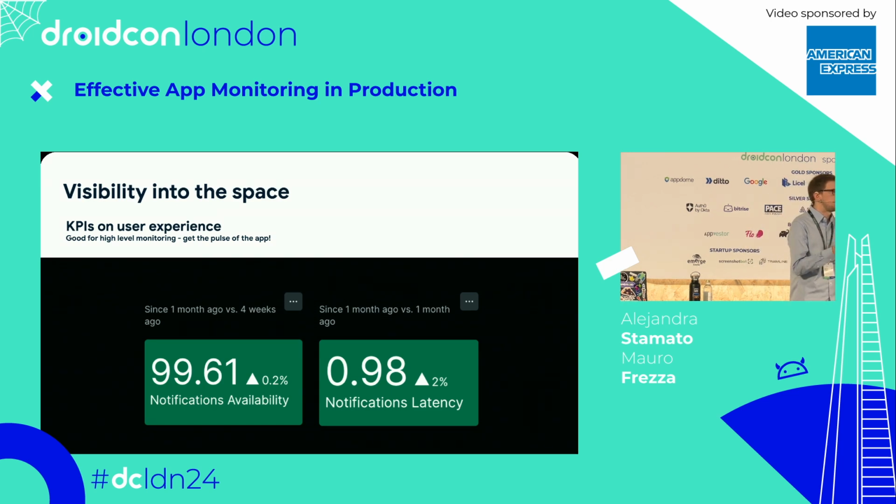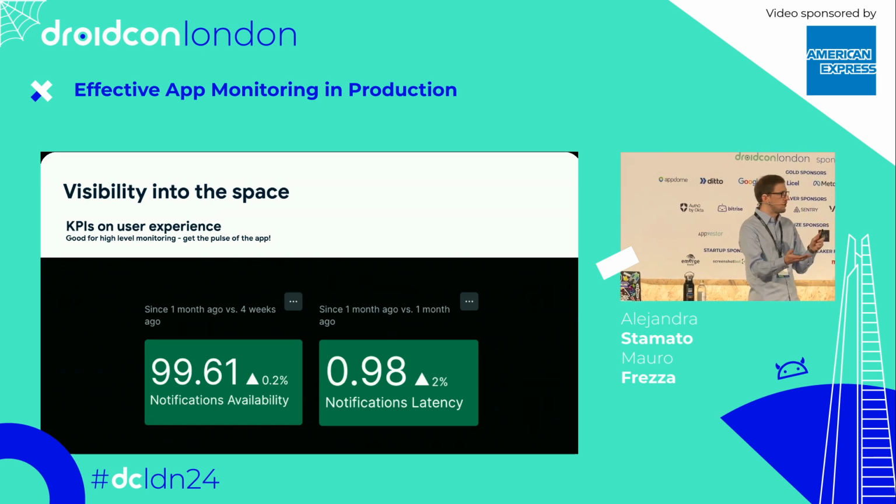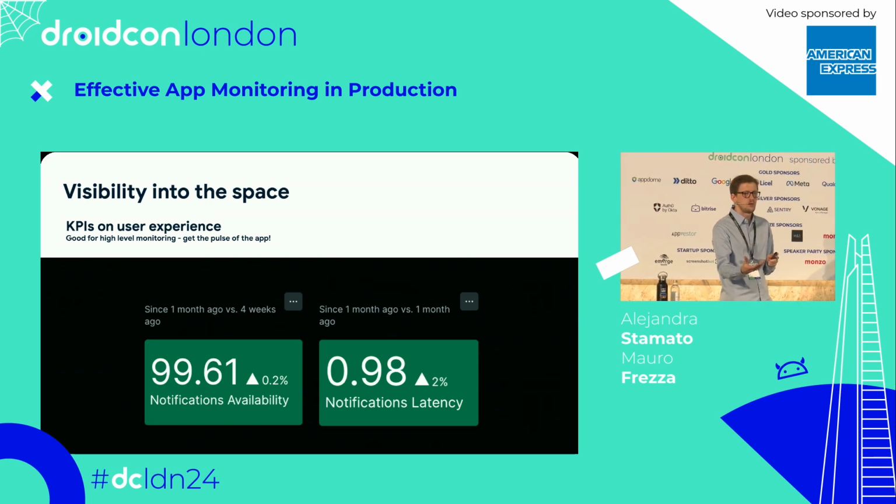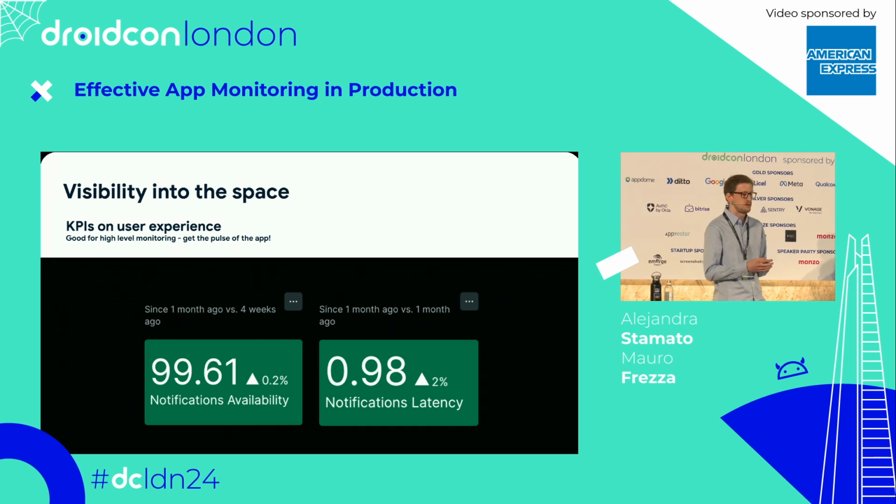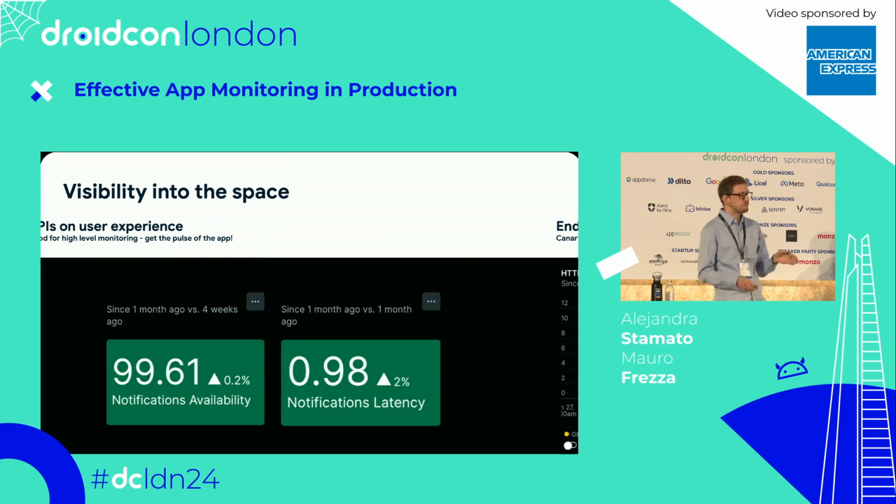All this helps build visibility into the monitoring space, so visibility into how the app is actually performing. KPIs, we said, are great to define the user experience, but they're just a starting point. They're something that tells you, okay, you should focus on that aspect, or you should focus on another one.